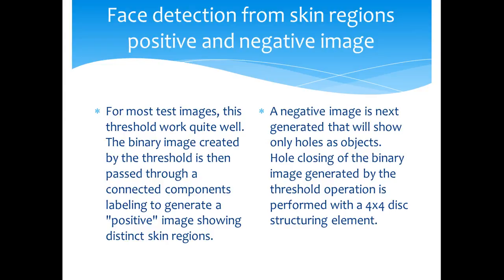A negative image is next generated that shows only holes as objects. Hole closing of the binary image generated by the through-hole operation is performed with a 4x4 disk structuring element.